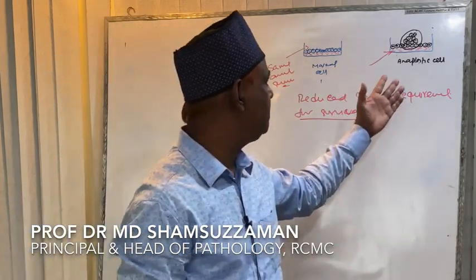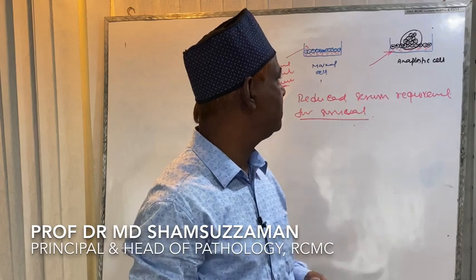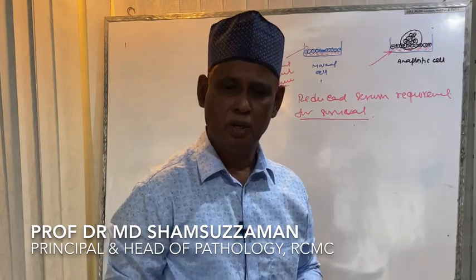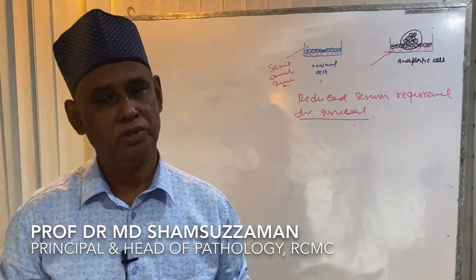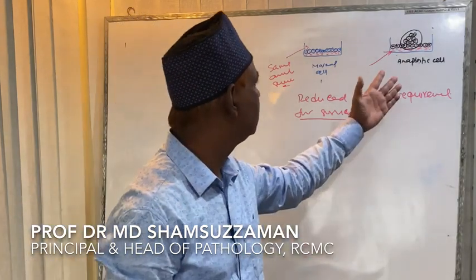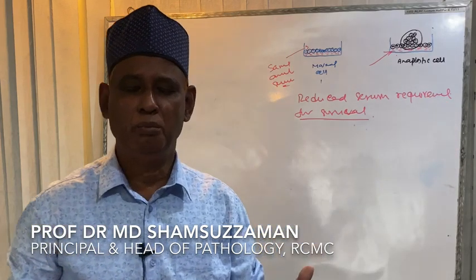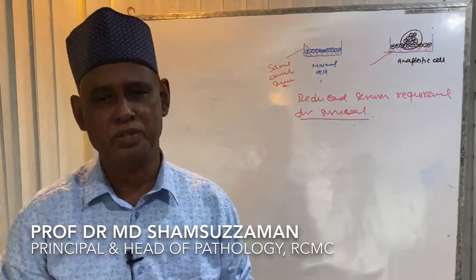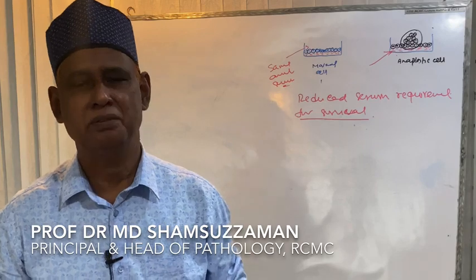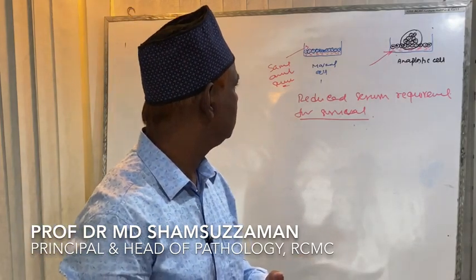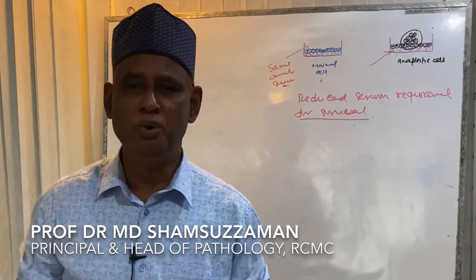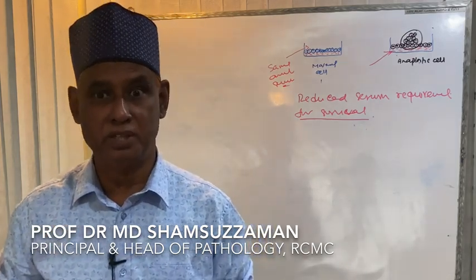If you consider the culture media for the anaplastic cells, after a few days you will see all the anaplastic cells are immature and there is no degeneration of the anaplastic cells.